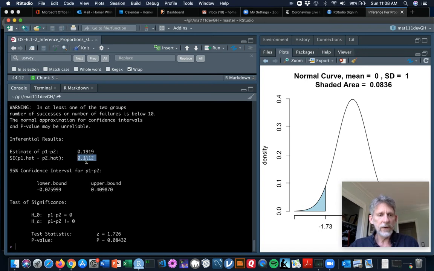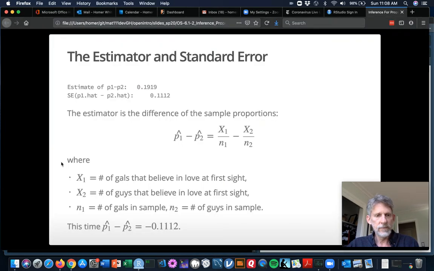The standard error here for P1 hat minus P2 hat says how much it's liable to be off from the real P1 minus P2. And it could easily be off by 11% or more. So this slide gives you the background on those 2 lines in the output. And sure enough, the P1 hat minus the P2 hat really is just the 2 sample proportions subtracted.